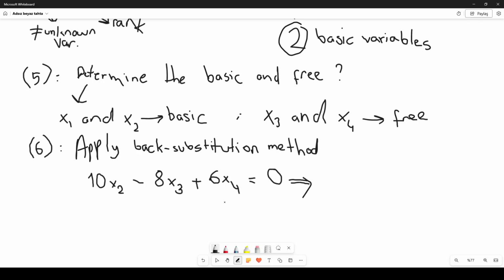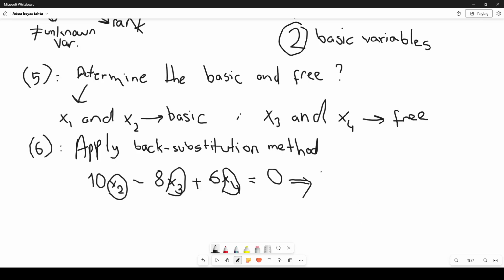So here's the thing, guys. If you notice, now x2 is a basic variable and x3 and x4 are chosen as free variables. So what we need to do in the sixth step is, by applying the back substitution method, write the basic variables as an algebraic sum of free variables.